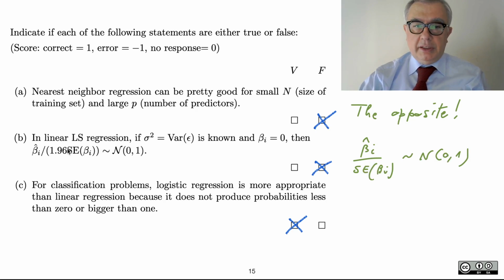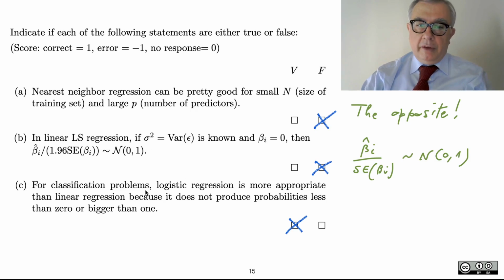But as you can see, there is no 1.96 around, therefore this is false. So it is false due to the 1.96, but also you should have specified that the errors were Gaussian, and that the true model was consistent with your least squares estimation method.